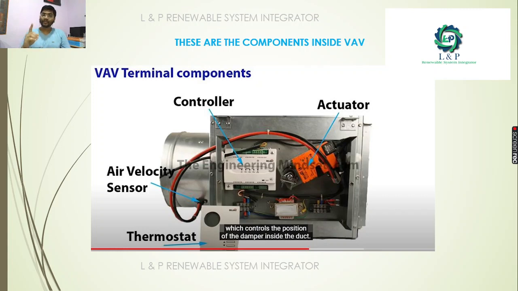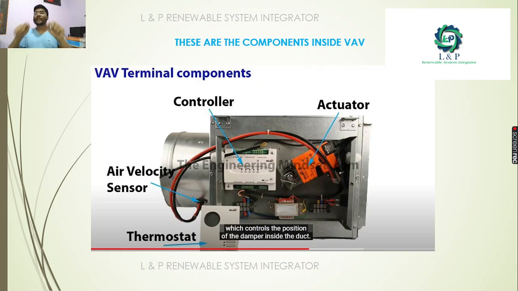Cool air will come from the air handling unit, from the supply main branch. There will be many branches based on the routing, and these VAV terminals will be present in those branches. So it will take the air from the AHU ducts and supply it to that particular room. Now, in order to maintain that 24 degrees, now the temperature is 30 degrees.